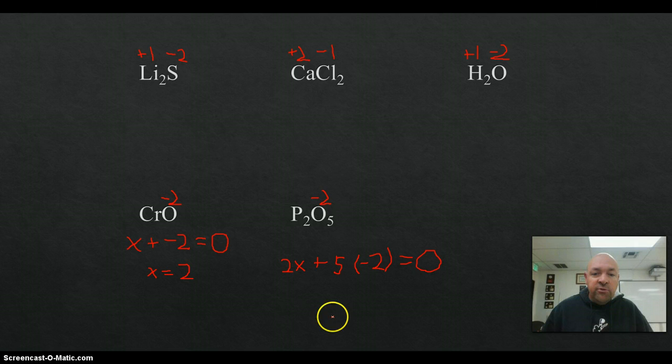Then I can go about solving it. Taking it step by step, I have 2x minus 10 equals 0, and then if I moved everything over to the other side, I would end up with x equals 5. And that would be my answer for phosphorus. Phosphorus would be +5, and I'm good.